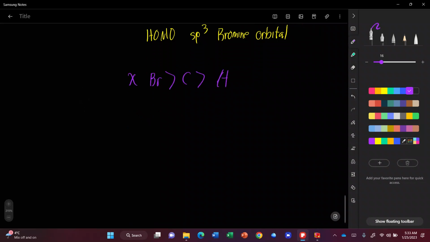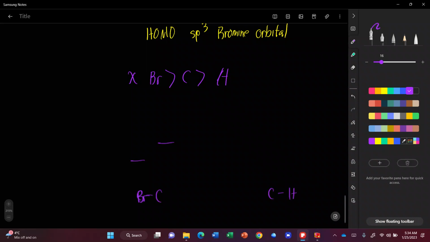So bromine would be down here, carbon would maybe be up here, versus the carbon-hydrogen sigma. This would be bromine, carbon, and this would be carbon, hydrogen. So carbon would be up here, hydrogen would be up here.